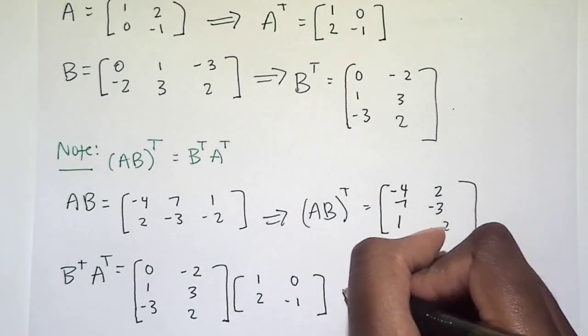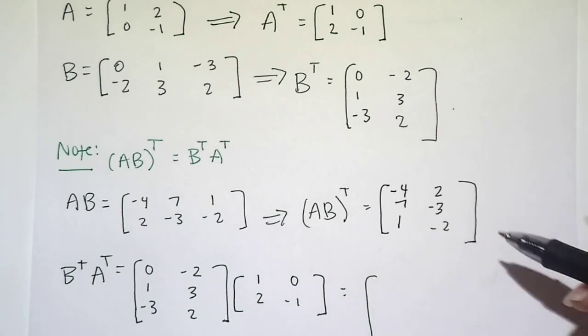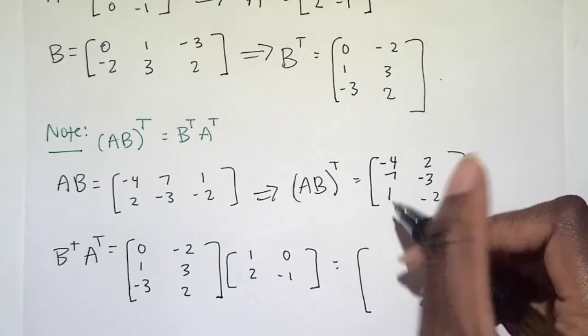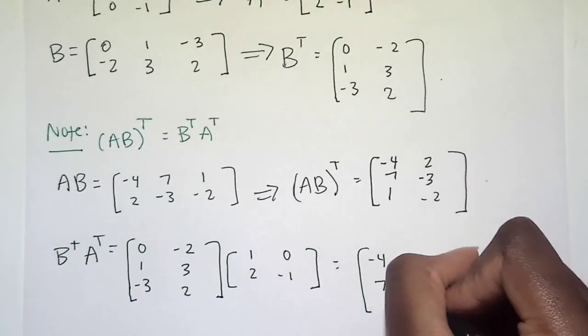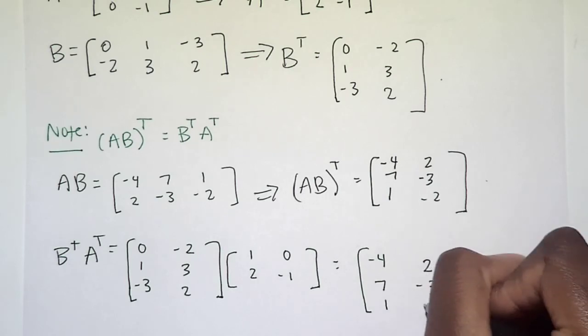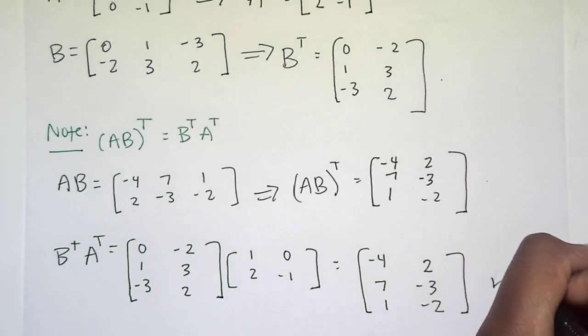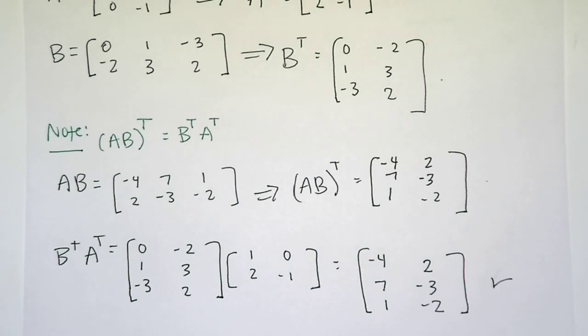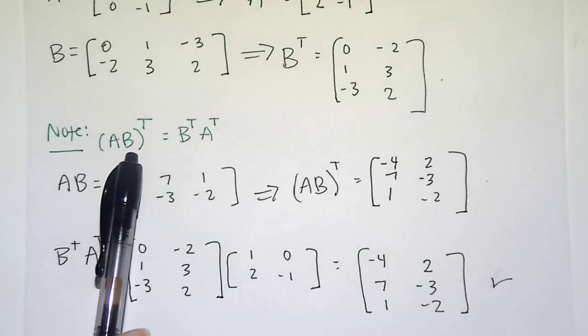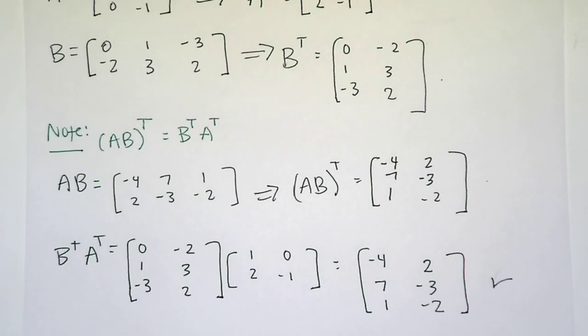And so when we multiply these two, we actually get this again. Okay, so this is something to remember. AB transpose is actually B transpose A transpose. All right, so this is the end of the section on matrix multiplication.